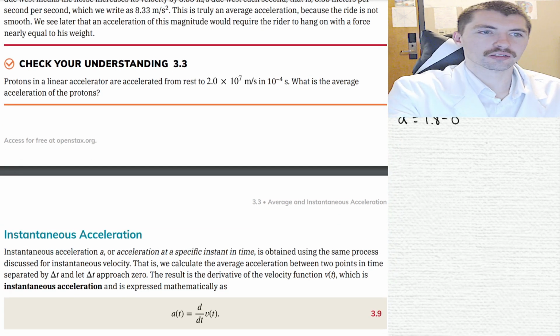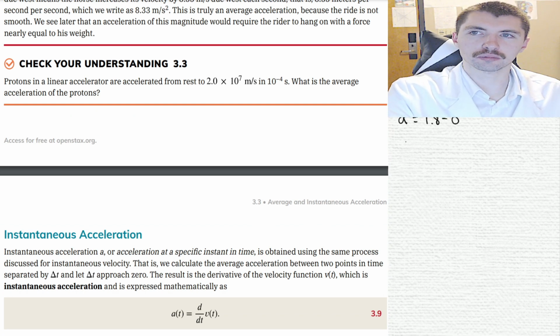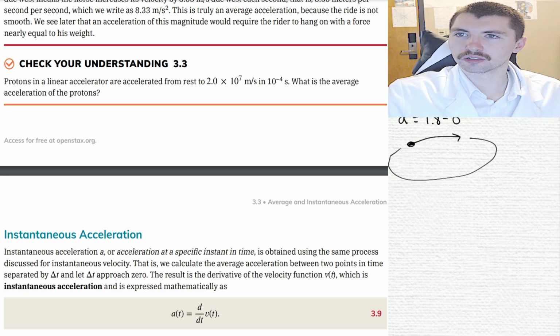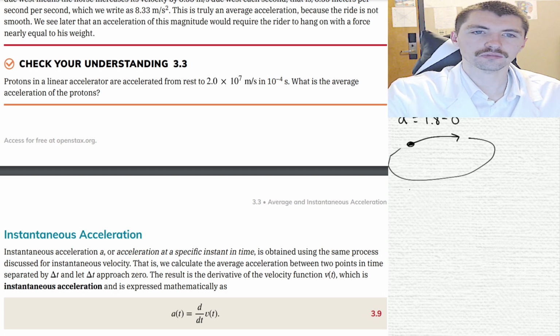Okay, check our understanding. Protons in a linear accelerator are being accelerated. So average acceleration is 2.0 times 10^7, 10 to the negative 4.